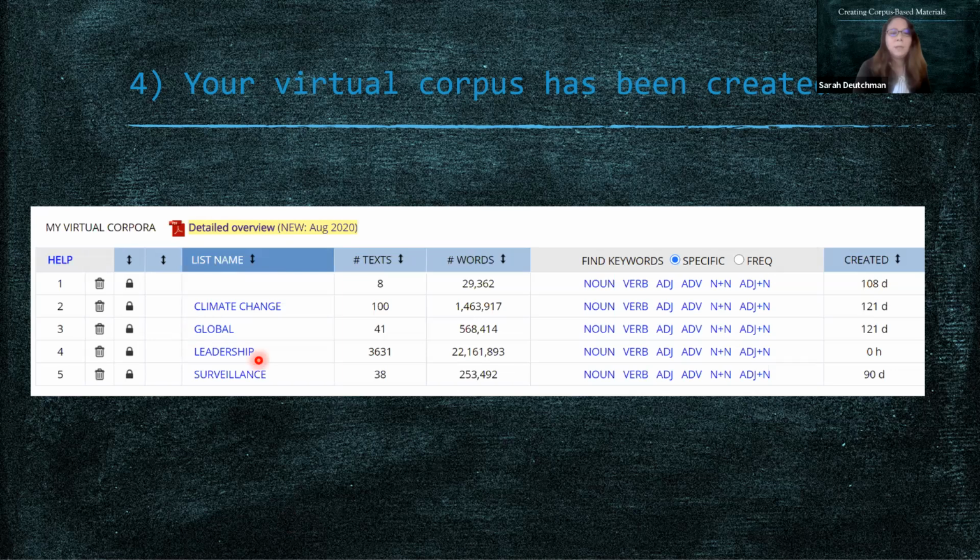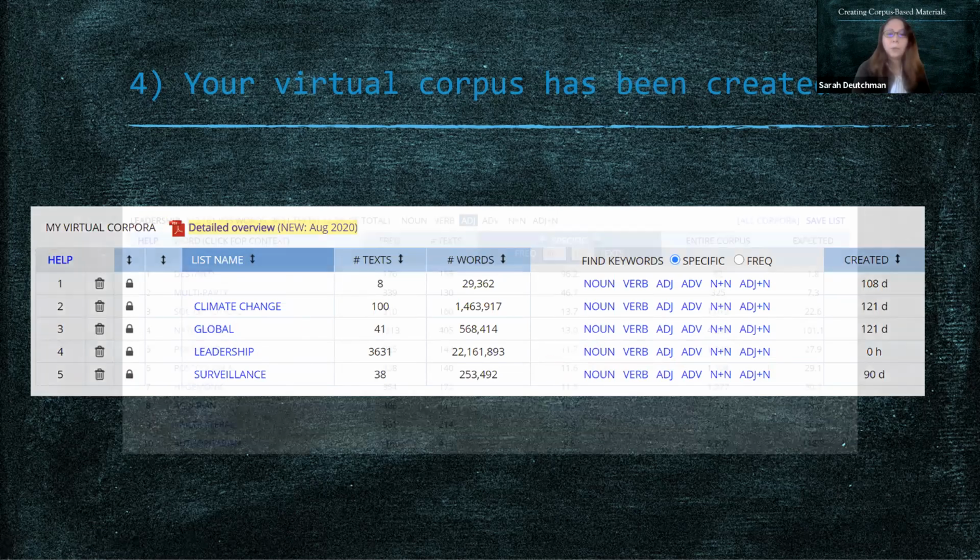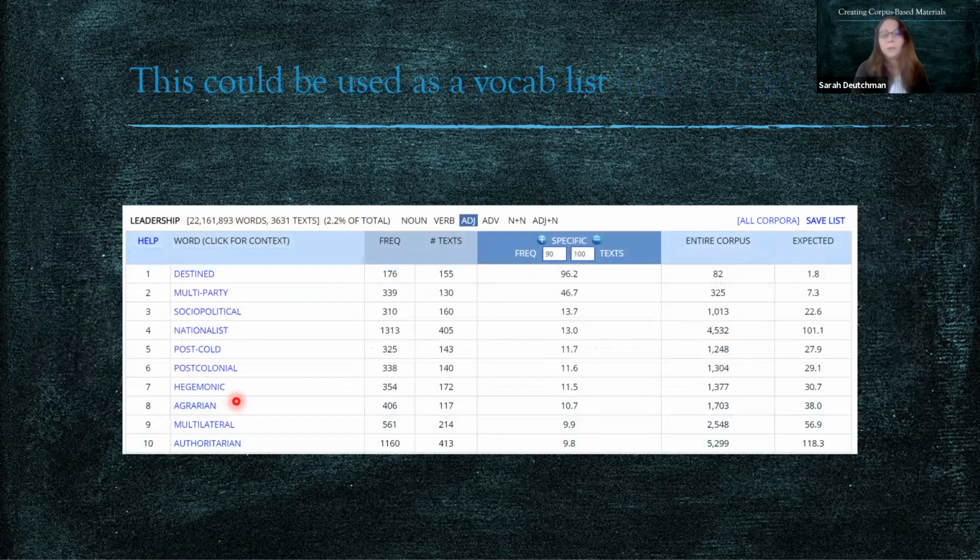These are associated with the topics that my students usually do their essays on, kind of predetermined. You could select the nouns, verbs, adjectives, adverbs, noun-noun, adjective-noun together, and you can create your own word list like that. So these are the adjectives that are usually used to talk about leaders.